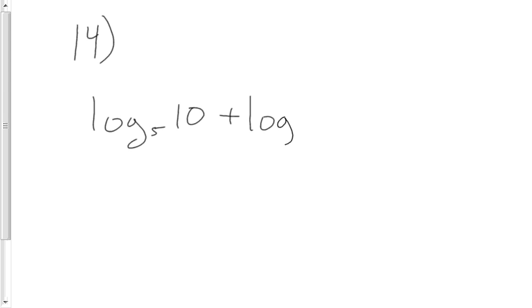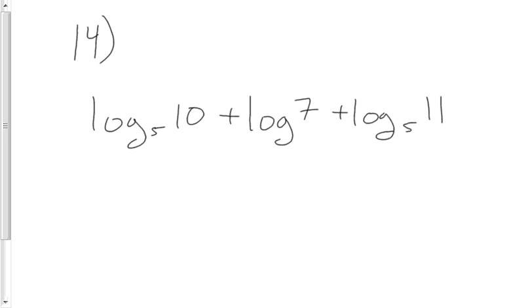If we look at number 14, here I'm going to show how we can go to the answer really in one step. So since there are 3 factors, we're going to have 3 logs. One with the 10. They're all positive logs because they are all multiplied together in the numerator.